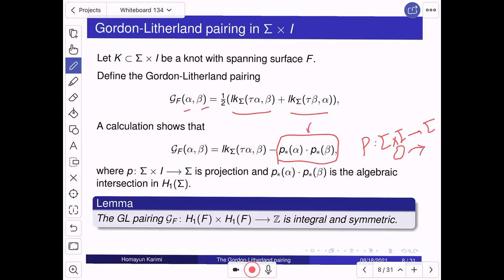That gives you the pairing. So these two formulas show that the first one shows that this pairing is symmetric. The second one shows that this pairing is integral. So we have an integral symmetric pairing defined on the first homology of F, which is the spanning surface for the knot K.